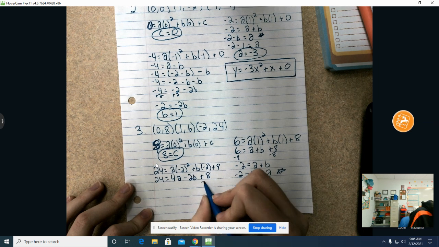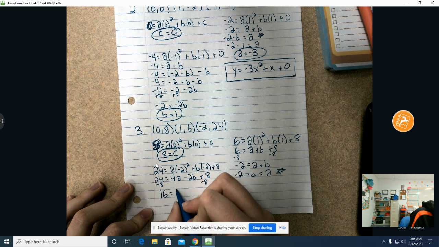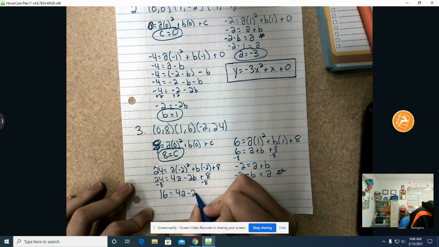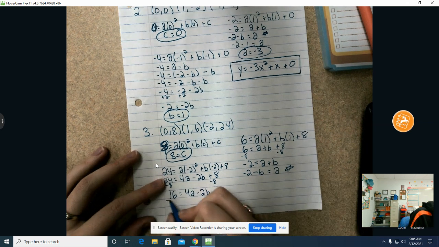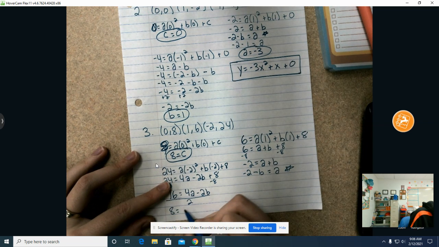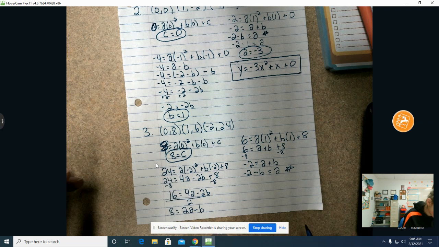We'll subtract over our 8. So that will give me 16 equals 4a minus 2b. I can divide everything in here by 2 to simplify it out. So 8 equals 2a minus b.